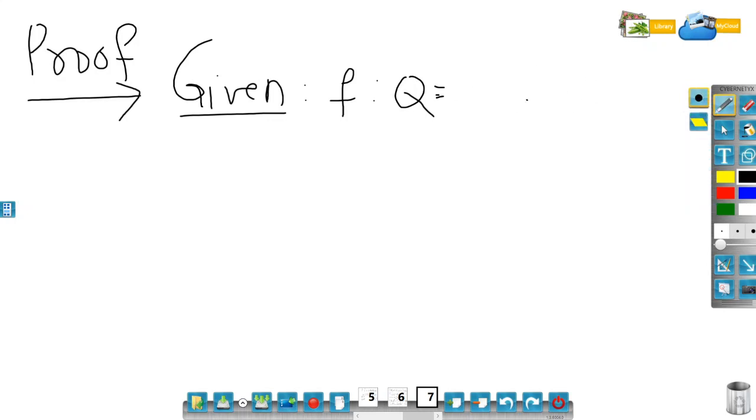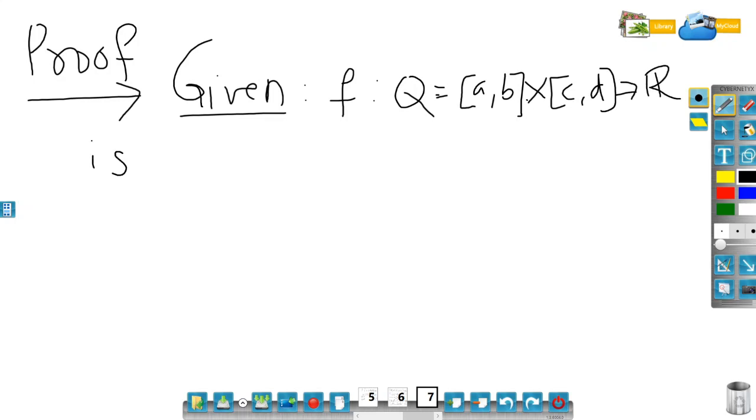So Q, which is equal to [a, b] cross [c, d], to R is continuous. So f is continuous in two variables. This means if I fix a variable x from the closed interval [a, b], then f(x, y) is a function of y only, because if it is continuous with respect to x and y, then it will be continuous with respect to y for a fixed x. Similarly, if I fix y, then it is continuous in variable x.